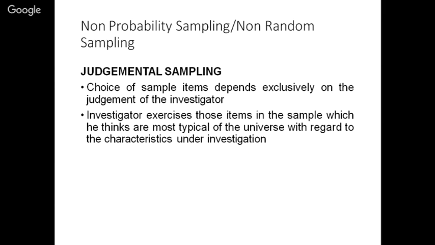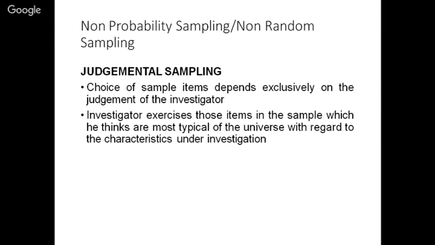Different kinds of non-probability sampling techniques are: the first one is judgmental sampling. Judgmental sampling means the choice of the sample item depends exclusively on the judgment of an expert, the investigator or the researcher.